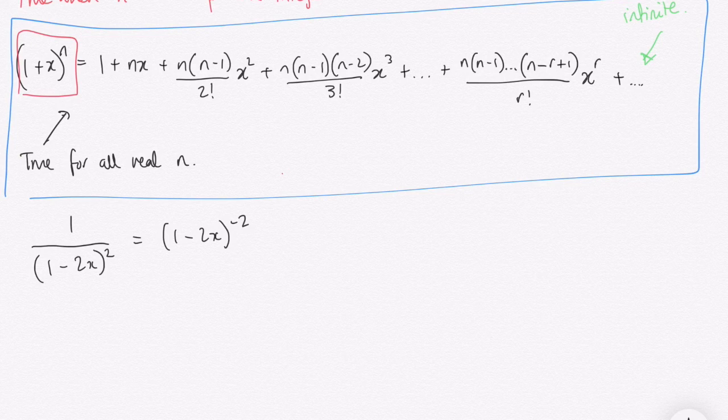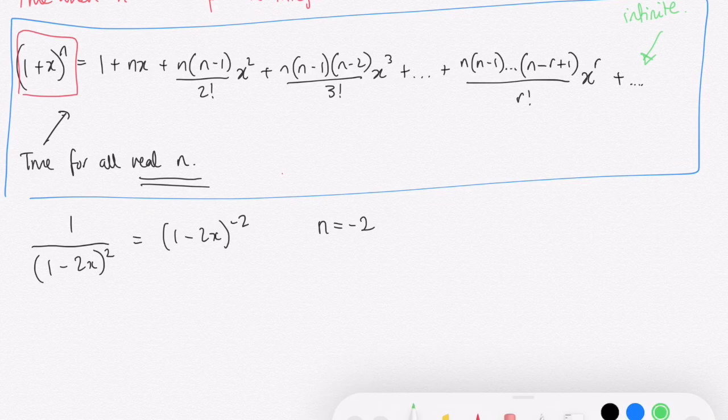So that's a lot better because we can see that now we have n is negative 2. And we're told that this is true for all real n, so n is negative 2 is absolutely fine. But we also need to be a little bit careful because our general result has a positive x here, yet we're dealing with a negative 2x. So when we use this result, in the place of all of our x's, we're going to have to write negative 2x.